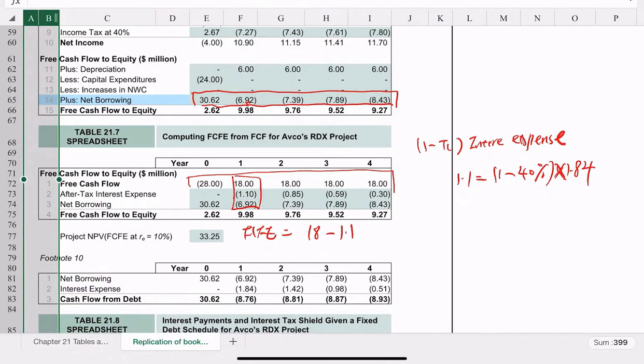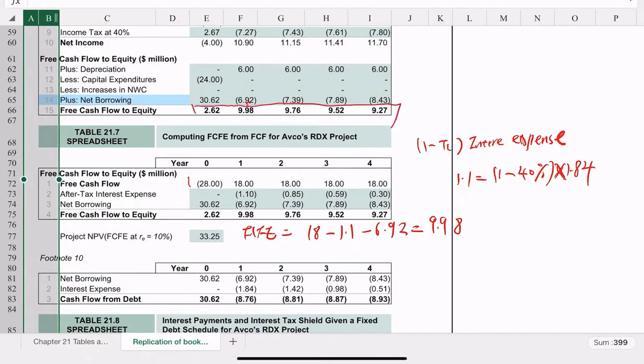And you can see here that net borrowing is negative, so it's minus 6.92, which gives us 9.98. Clearly, you can verify that these two methods should give us the same result, right? So this row should be the same as this row.